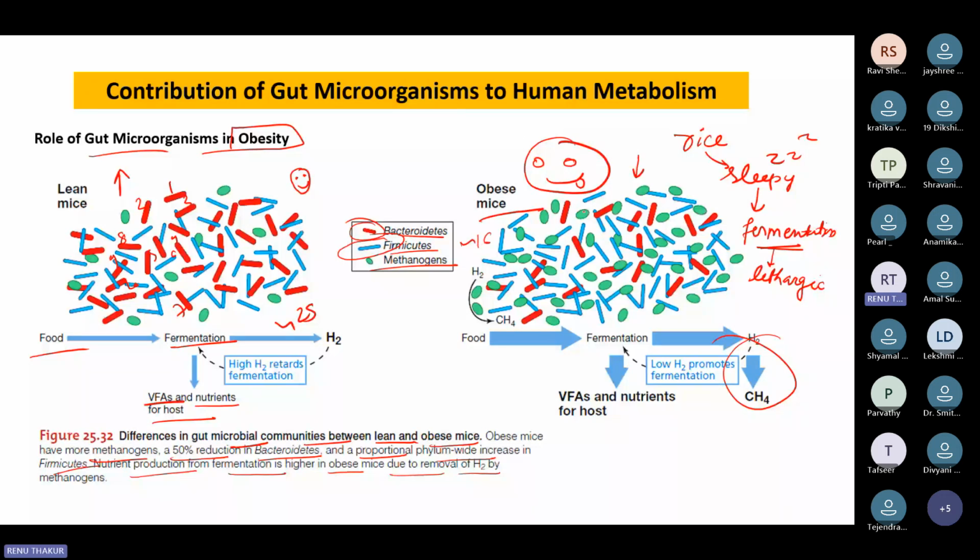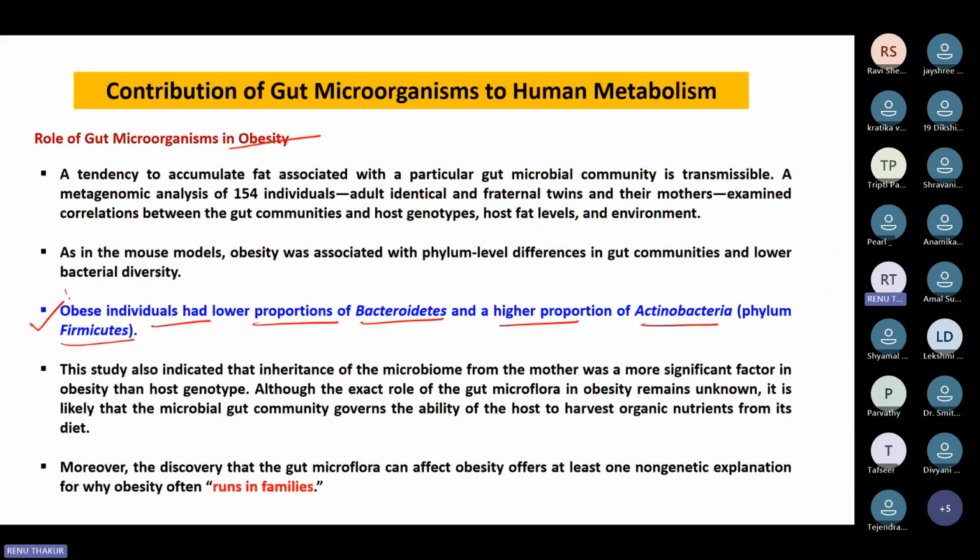So bacteroidetes are decreasing in the obese, and also Firmicutes are increasing. So the Firmicutes to Bacteroidetes ratio is changing. This part is very much important. I will ask an MCQ tomorrow related to this, so pay attention.